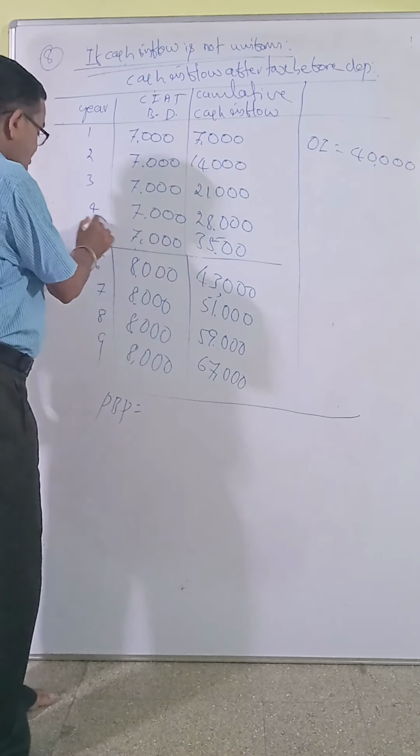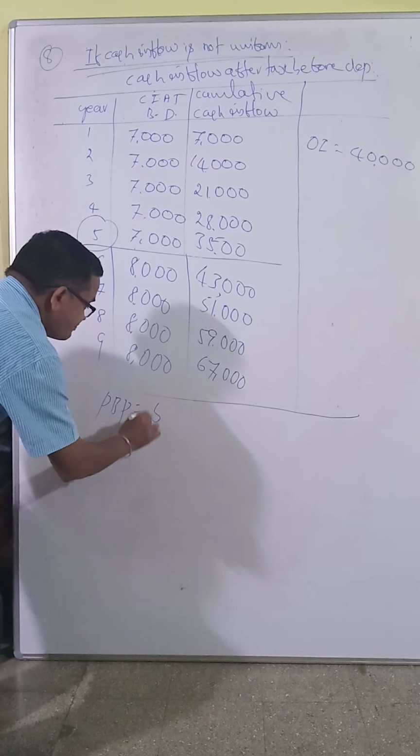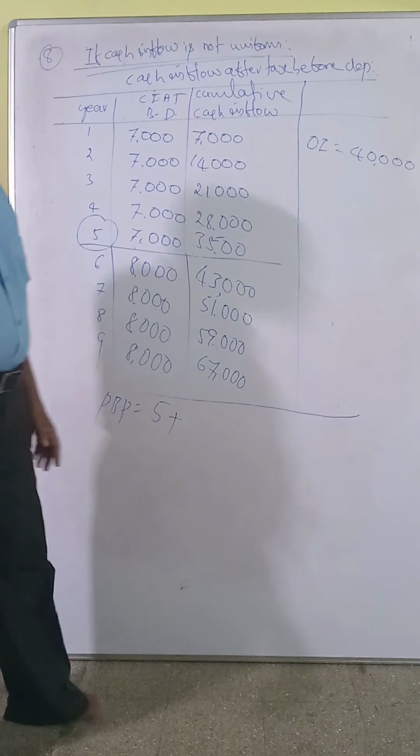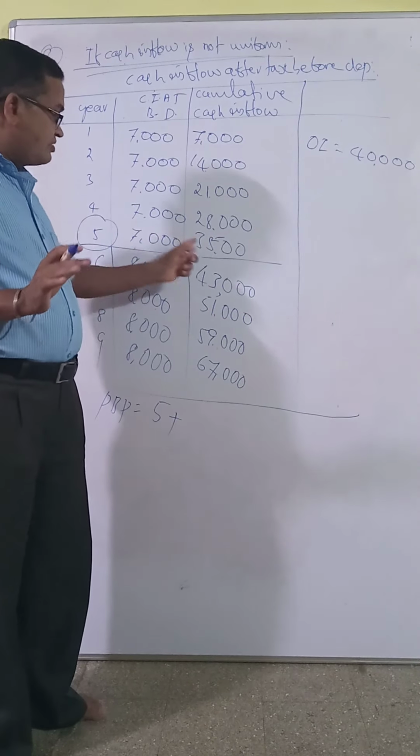Which year is this? 5 years. The recovered year is 5 years, plus the required cash inflow. In 5 years we recovered 35,000.